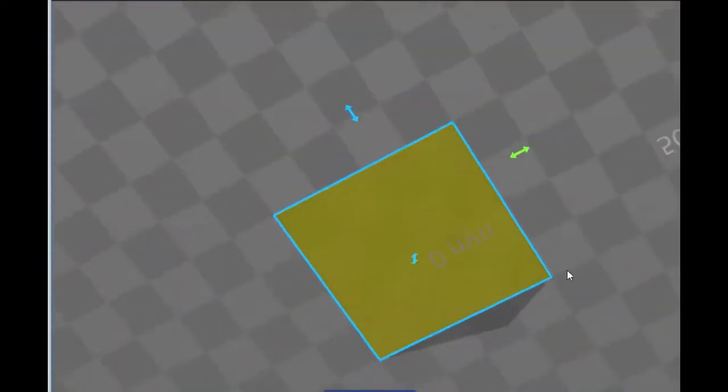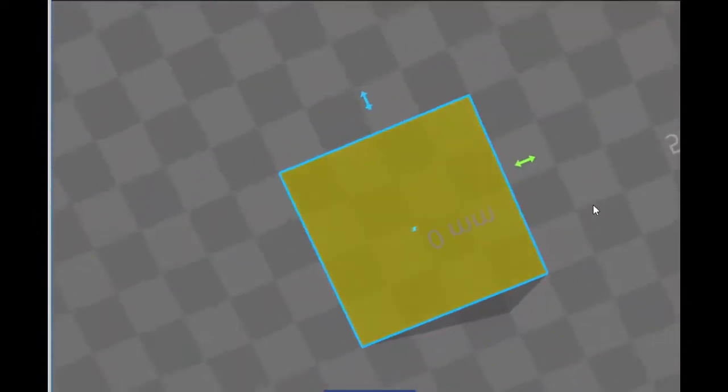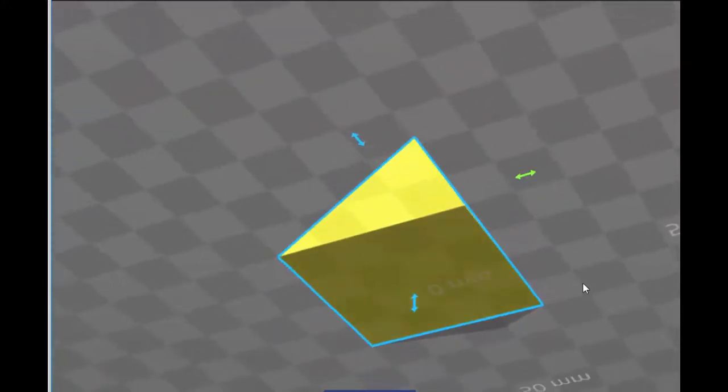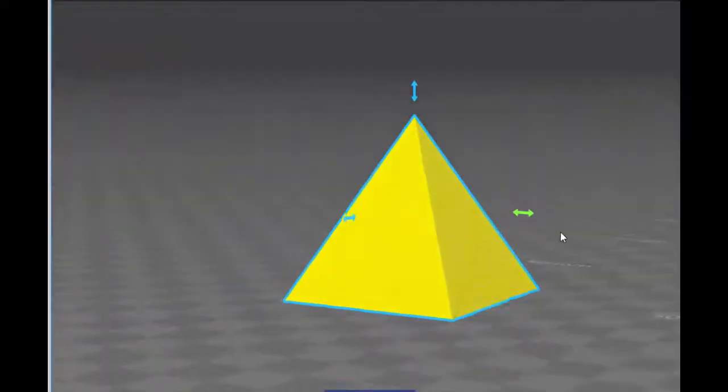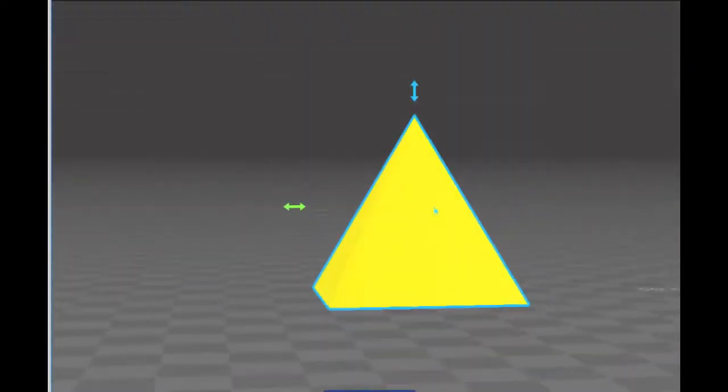Our first image is a square pyramid, and you'll notice it being a square pyramid by looking at the bottom and realizing that it is a square, and all four vertices of the square come up to a single vertex point at the top of the pyramid.